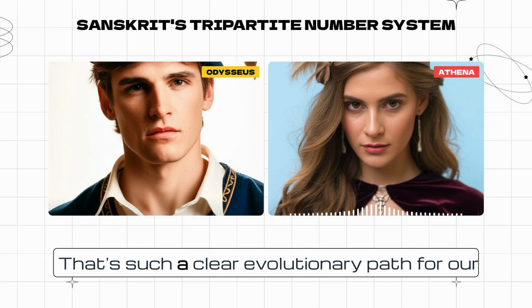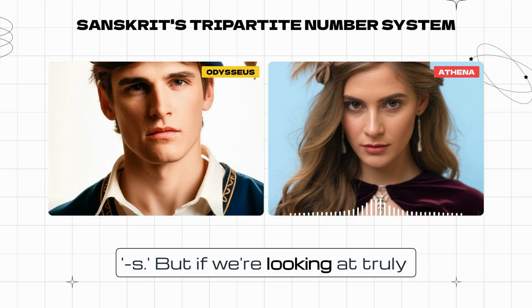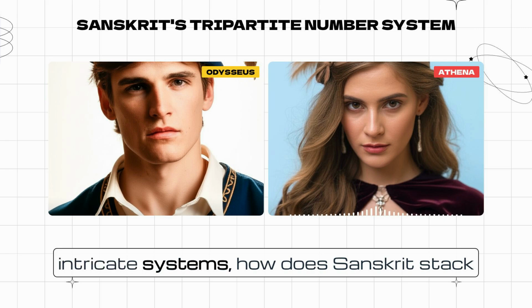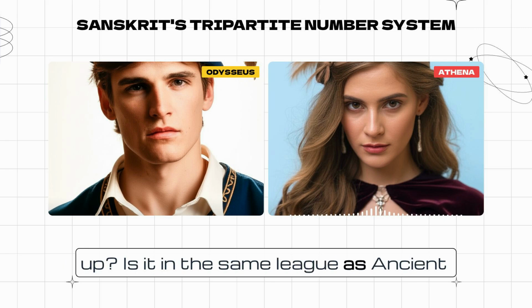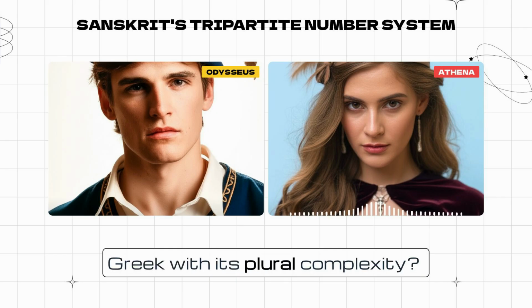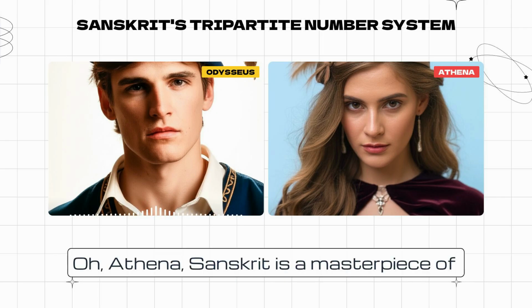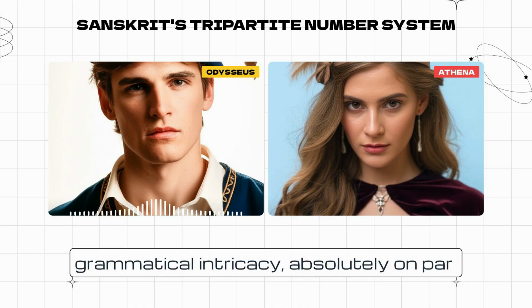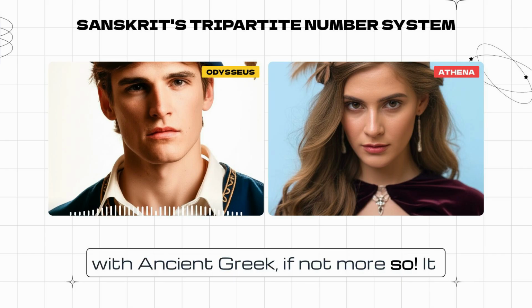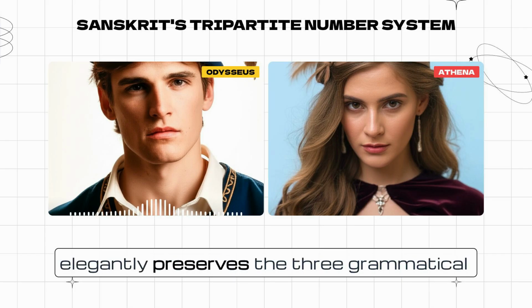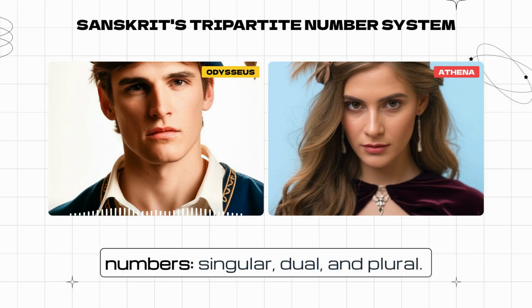That's such a clear evolutionary path for our S. But if we're looking at truly intricate systems, how does Sanskrit stack up? Is it in the same league with ancient Greek with its plural complexity? Oh, Athena! Sanskrit is a masterpiece of grammatical intricacy, absolutely on par with ancient Greek, if not more so. It elegantly preserves the three grammatical numbers, singular, dual, and plural.